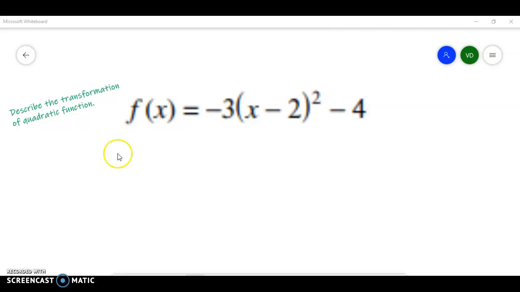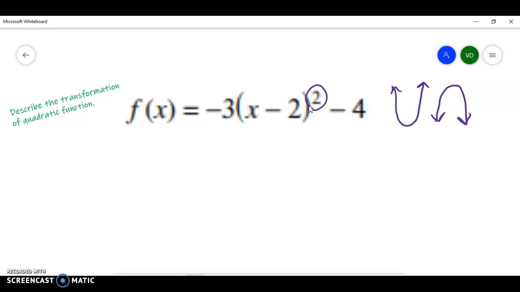Anytime you're presented with an equation that has 2 as the exponent, we know that it is automatically going to be U-shaped. So anytime we see 2 as an exponent, we know that our graph is going to be U-shaped like this, or it can be facing down.